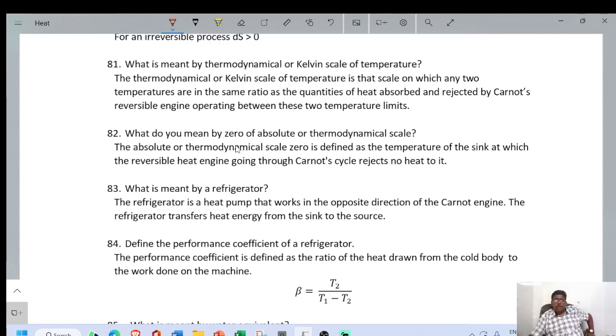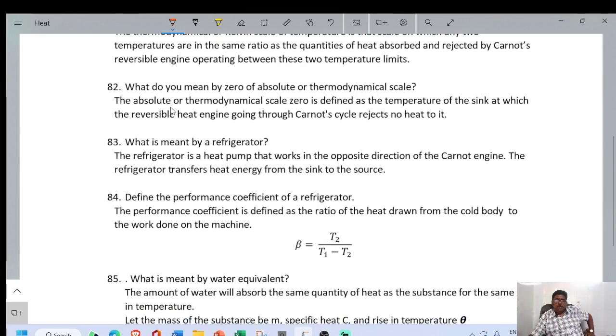What do you mean by zero of the absolute or thermodynamical scale? The absolute zero is defined as the temperature of the sink at which the reversible heat engine going through Carnot's cycle rejects no heat to it.